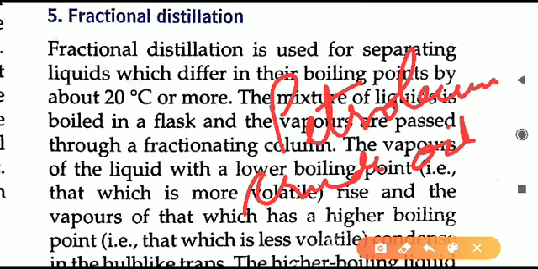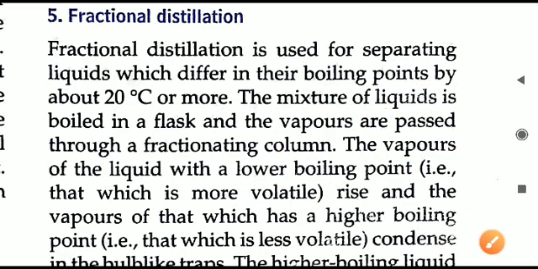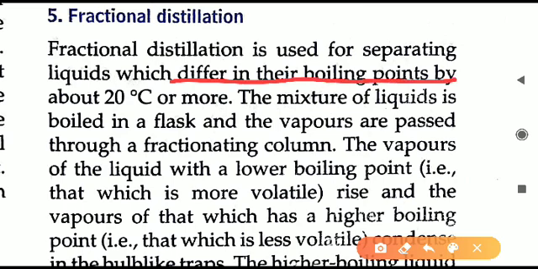So how all the different fuels are separated from each other, that method is called fractional distillation, and this method is based upon the difference in boiling point. Different liquids have different boiling points, and if there is a difference of more than 20 degrees Celsius in the boiling point, then we can separate them using fractional distillation.